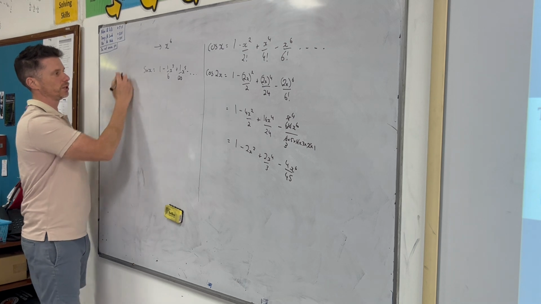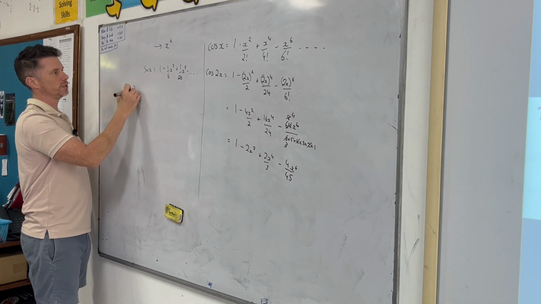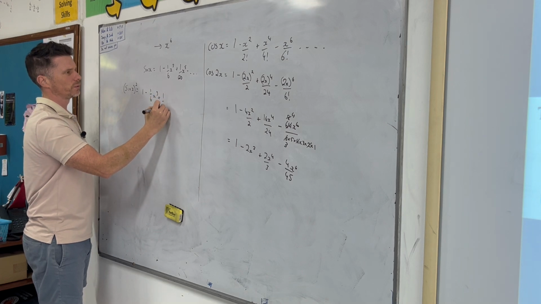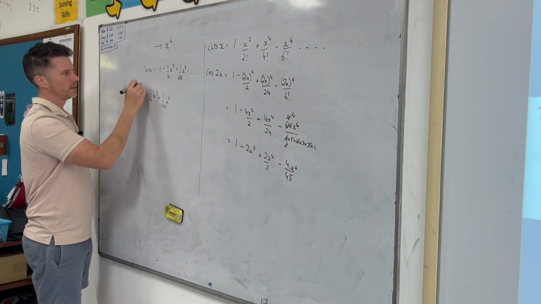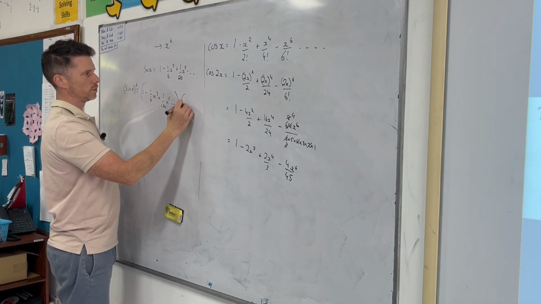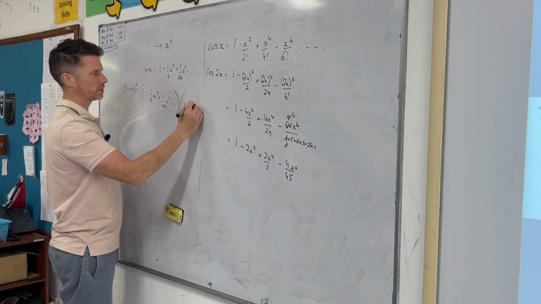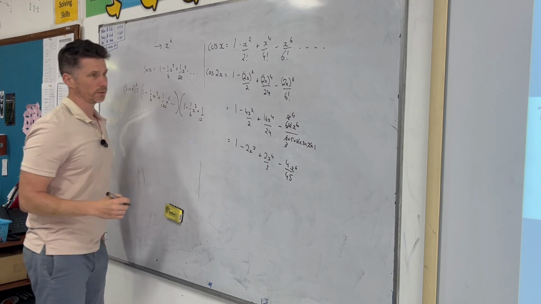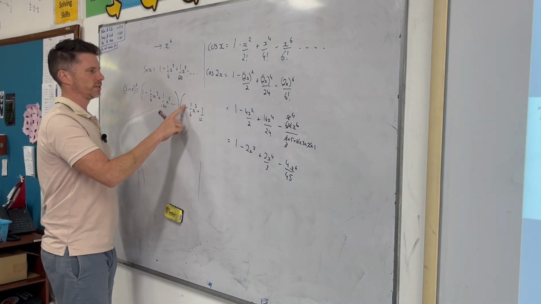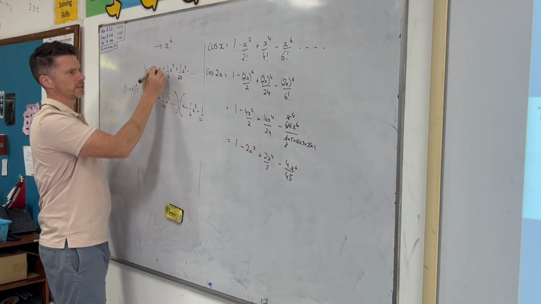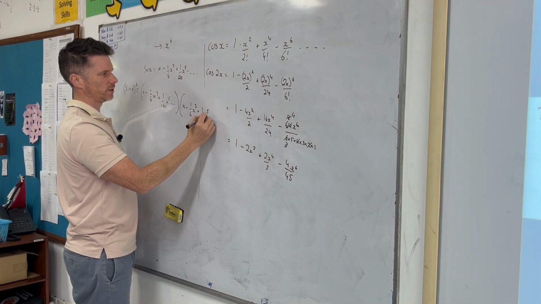Sine x squared is x minus 1/6 x cubed plus 1 over 120 x5, times it again, x minus 1 over 6 x cubed plus 1 over 120 x5, all the way up.